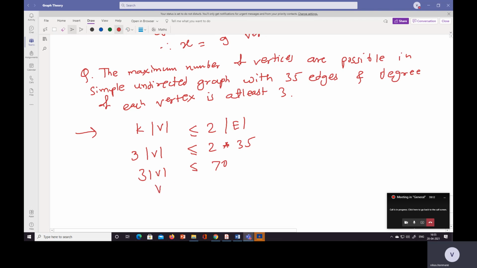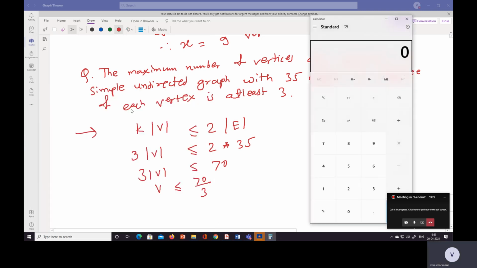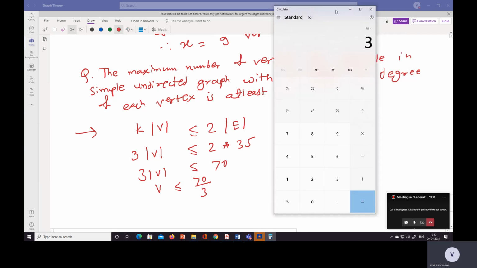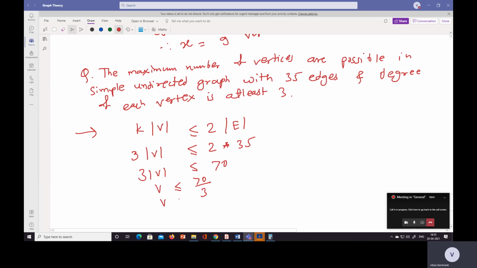So v is less than or equal to 70 by 3, which is 23.33. As it is less than or equal to, we can take this as 23. So the maximum number of vertices is 23.